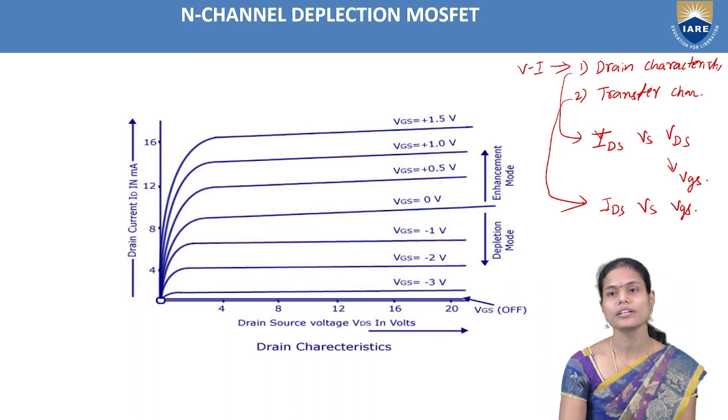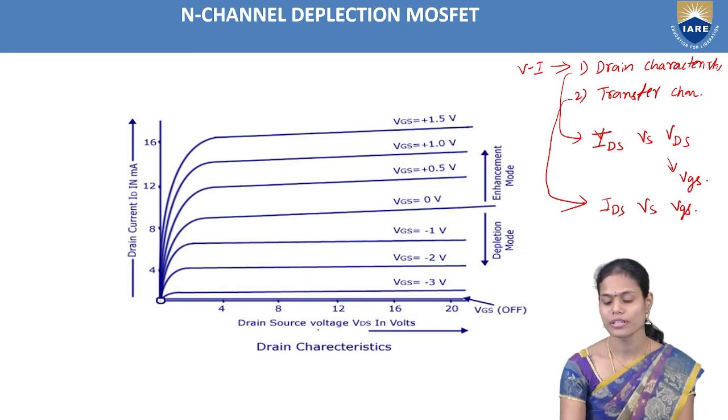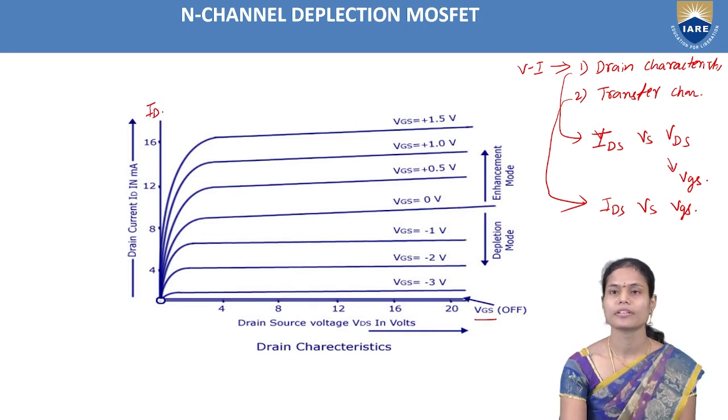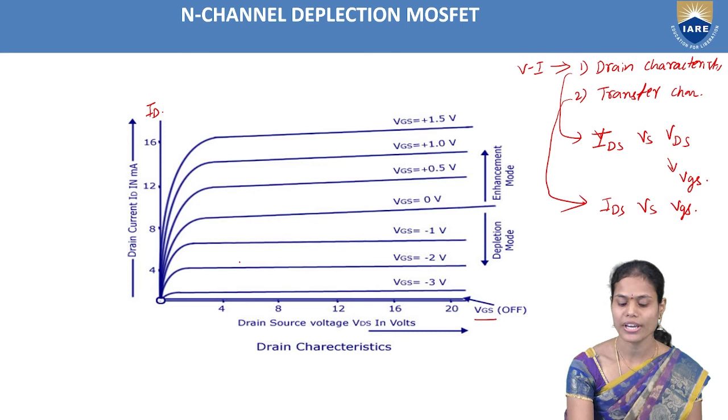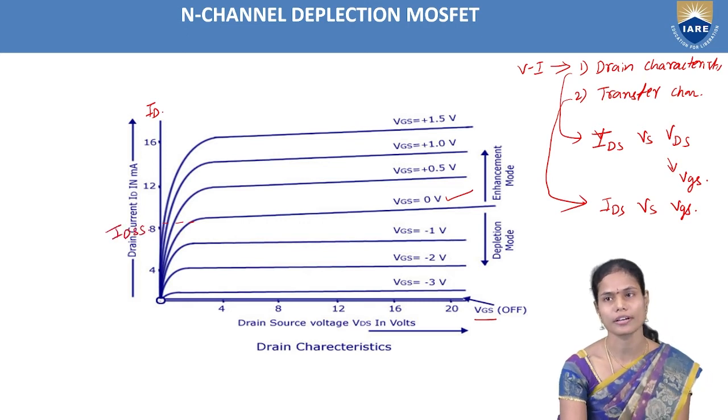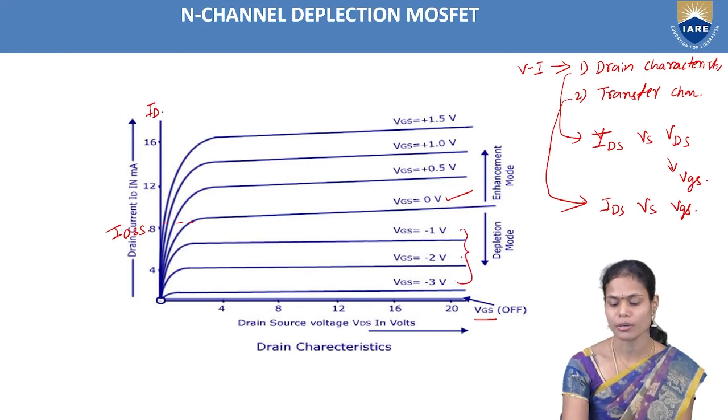So first we will see the drain characteristics of the MOSFET. Okay, in this case, when the VGS voltage is 0, you will get a constant current ID. And when your VGS voltage is negative, like -1, -2 and -3 volts, the drain current is decreasing.